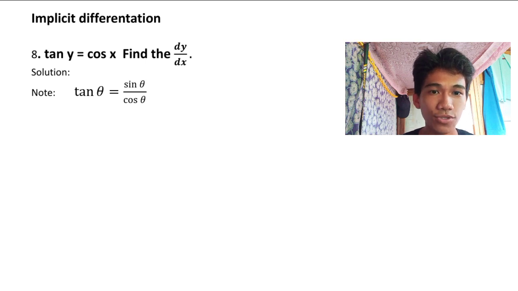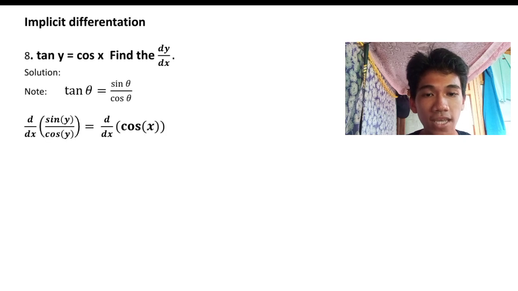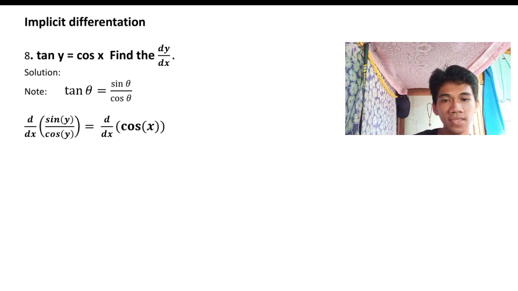So let's substitute the sine y over cosine of y in the tan y. So after that, let's distribute the d over dx in this equation. We have this d over dx, quantity of sine of y over cosine of y, equals d over dx, quantity of cosine of x.